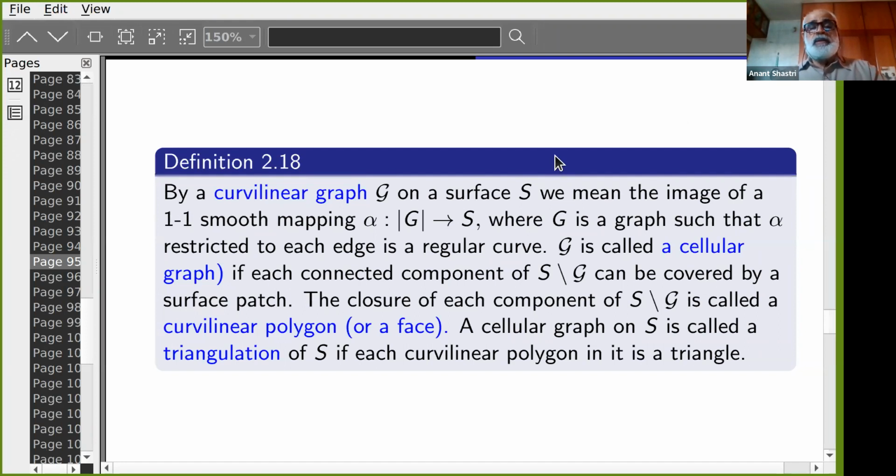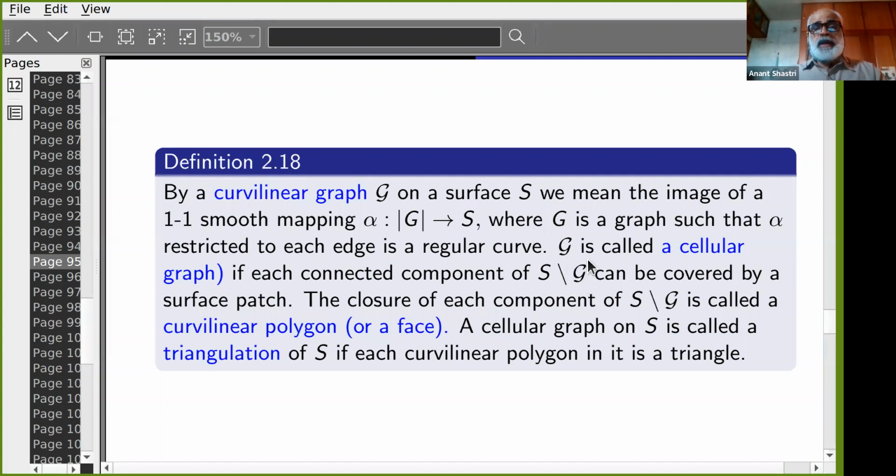It is nothing but the image of the geometric realization of a graph under a map alpha, which is injective on the geometric realization of G and smooth and regular restricted to each edge. Such a thing is called a curvilinear graph on the surface.